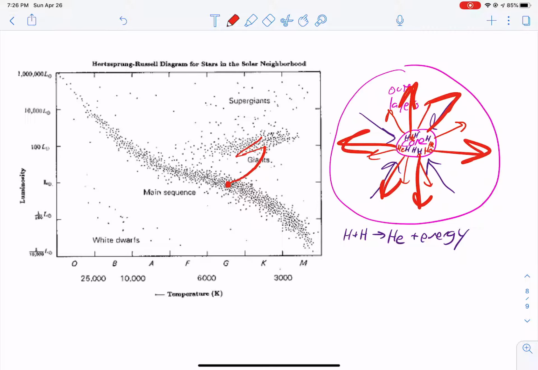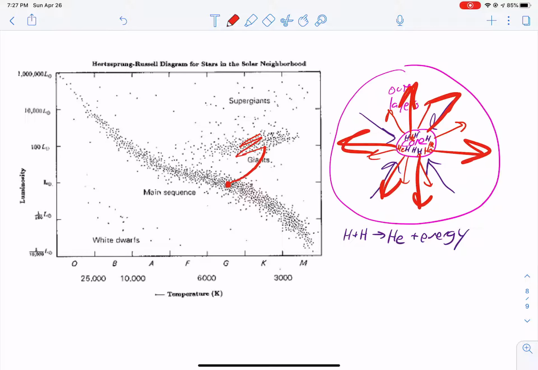Eventually, though, we're going to get to a system where we just don't have enough stuff. There's not enough mass in our sun to keep squeezing bigger and bigger stuff together, fusing bigger and bigger things. So even though the star may oscillate back and forth a little bit as we start running out of one element, then fusing a bigger element, in our sun, once we have a bunch of oxygen in that core, really the sun doesn't have enough mass to fuse anything bigger.